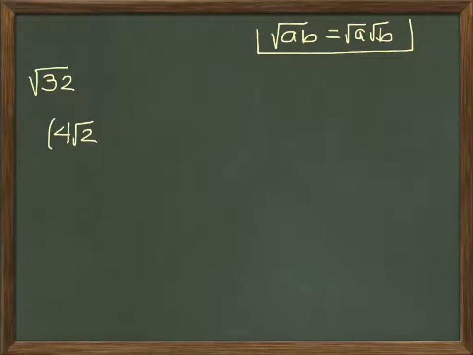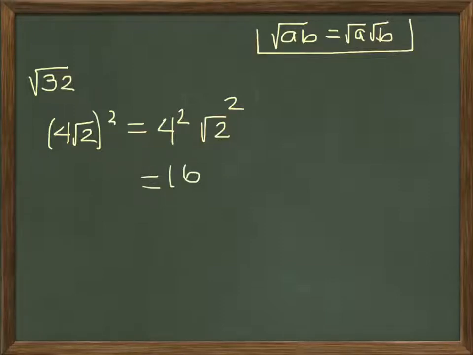Well, if you square this, the other property that we need to remember is that this is 4 squared and the root of 2 squared. So the 4 squared becomes 16, and the root 2 squared, of course, becomes a 2. So that's why this is also the root of 32, because if you square this quantity, you get 32.